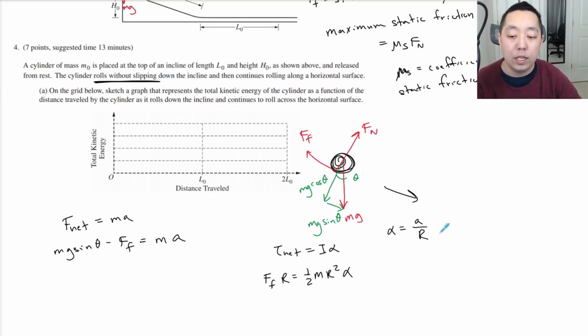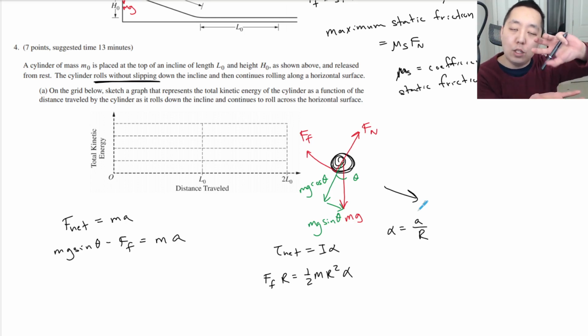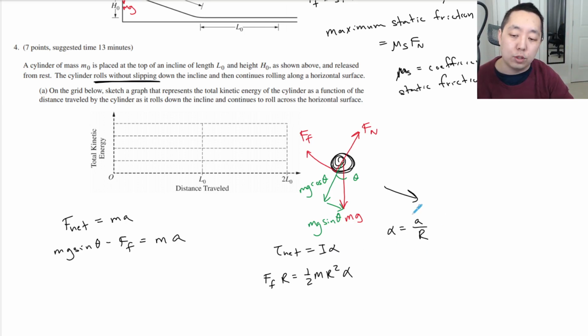This quantity only holds for rolling motion as long as it's rolling without slipping, because what it's telling you is that the angular speed is in line with its translational speed, so that as it rolls, it moves at just the correct velocity. This is not always true. For example, think about a car that accelerates super rapidly.